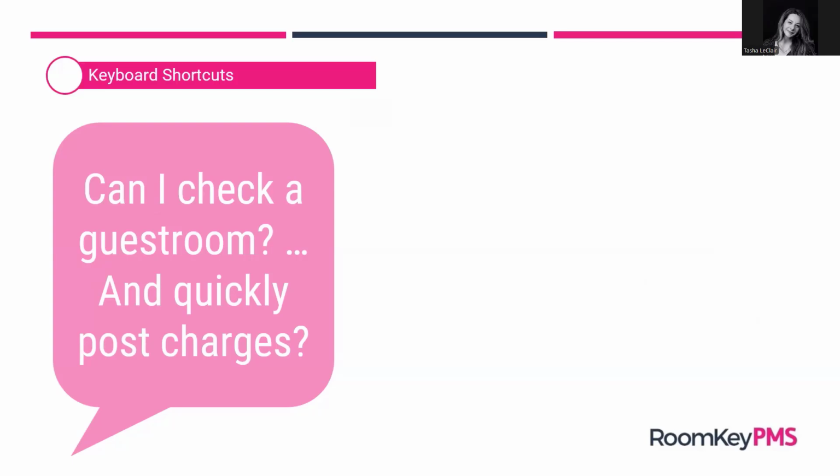So if you are posting charges, maybe you have a list from the sundry items that need to be posted to a guest account, or maybe you get a list from the restaurant saying that they had an issue posting through their POS and the front desk needs to quickly post an item on behalf of the restaurant. We actually have a couple of quick shortcut keys that you can use, using the function keys and the keyboard strikes on your keyboard.